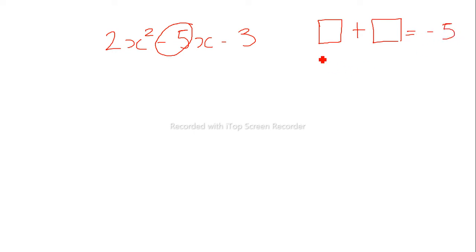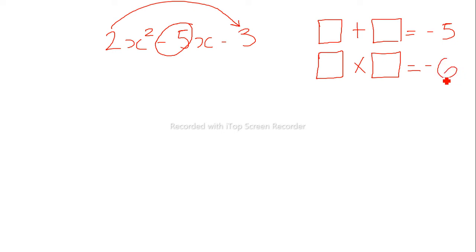And give me the same two numbers that I can multiply by each other to get 2 times negative 3, which is negative 6. So tell me which two numbers, when I add them, I get negative 5, and when I multiply them, I get negative 6.